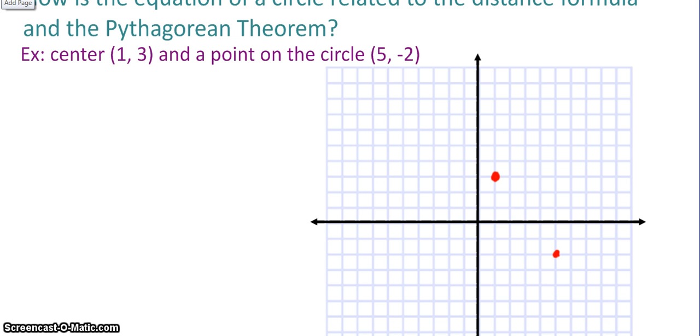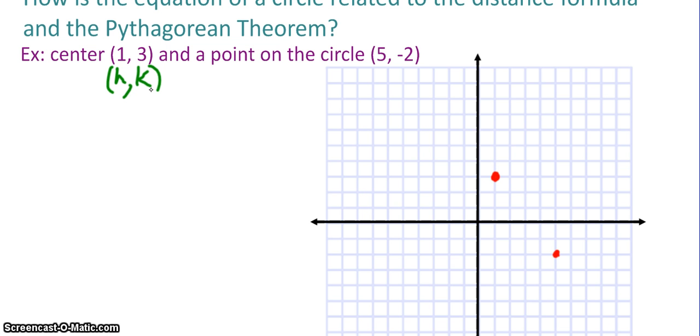Alright, so now if we wanted to write the standard form of this circle, well, we have the center. So I know that this is my h, and this is my k. Okay, I need to find the radius. How do I find the radius?